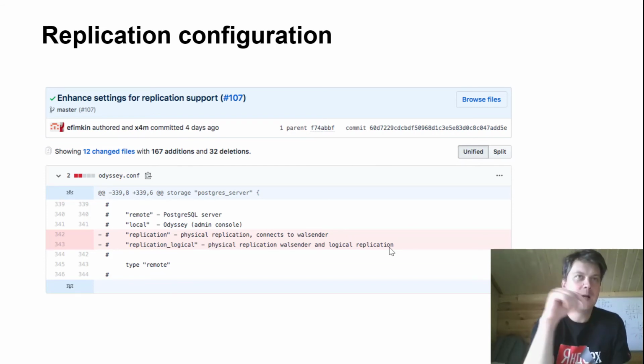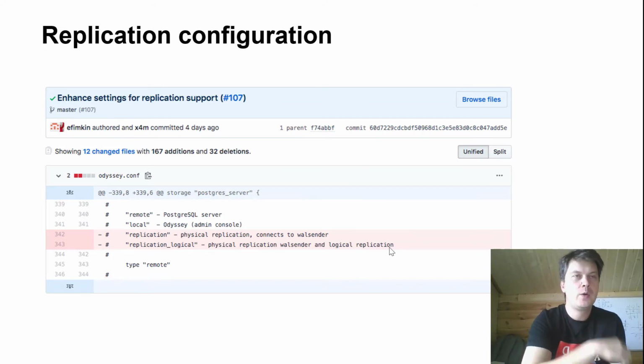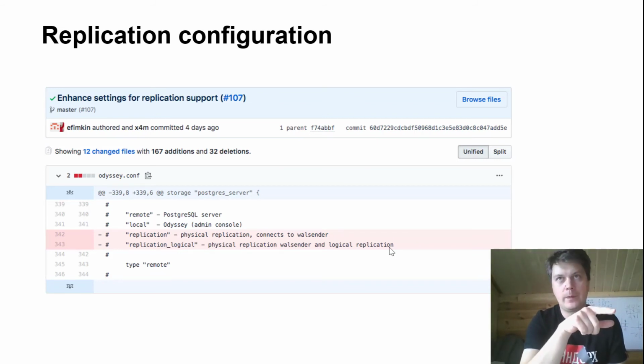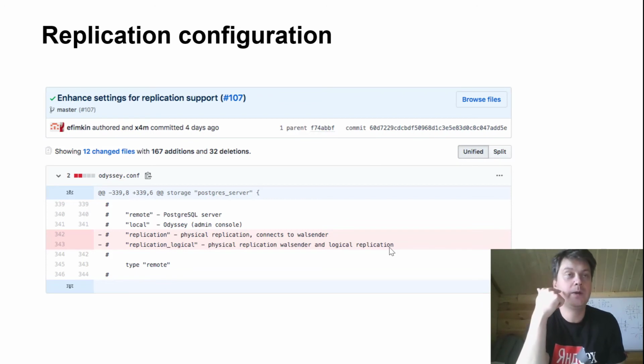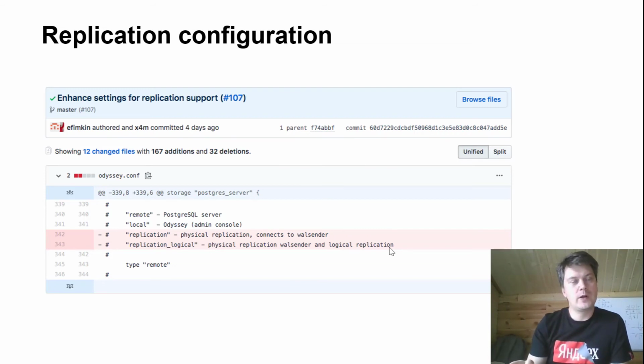When a client comes in and says, okay, this is my login, this is my password, I want physical replication, we will authenticate him using our credentials and then ask the database, is it okay to open a physical replication connection? If so, okay, we will grant it. And that's how replication with Odyssey works right now.